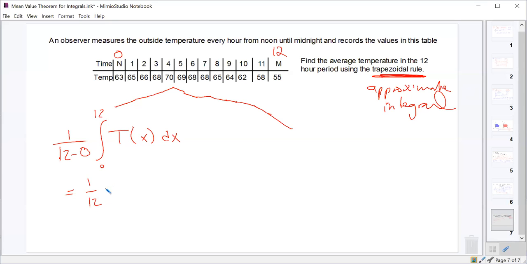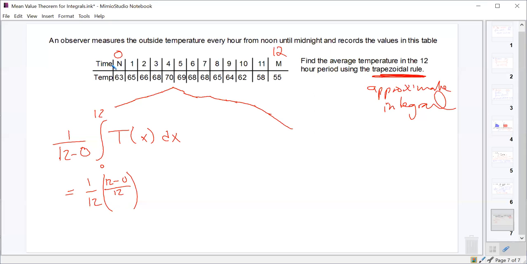So we'll say 1/12, and then what do we have to multiply at the beginning for our trapezoidal rule? I know you thought we were done with that forever, but we're not. The beginning of the trapezoidal rule is b minus a over n, right?